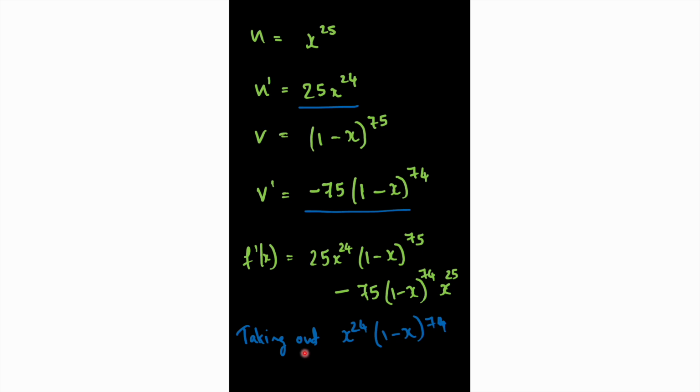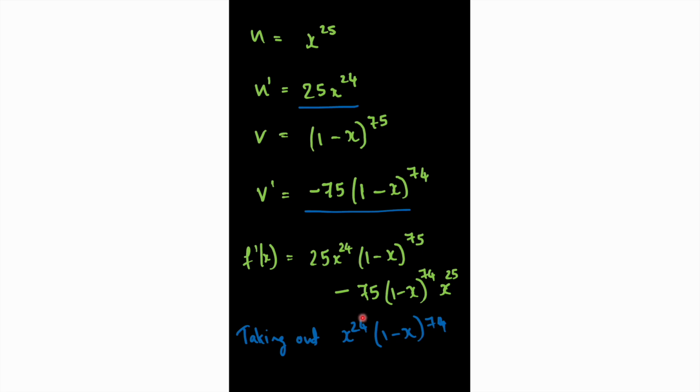Here, let's take common factors from both of these terms. x raised to 24 is there in both, since one has 25 and one has 24. So let's take x raised to 24. Then (1 minus x) raised to 75 is here and (1 minus x) raised to 74 is here, so I can take (1 minus x) raised to 74 as a common factor.